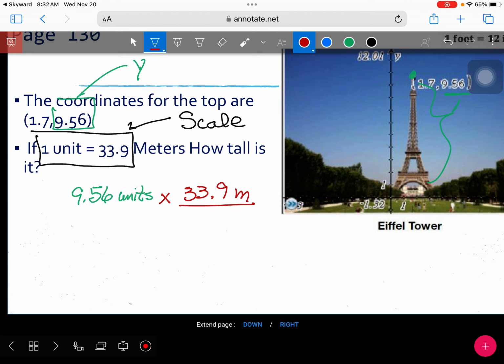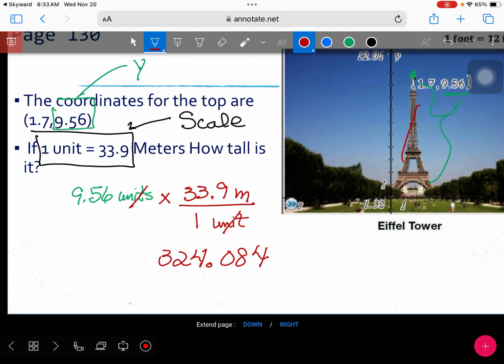And if you want to do it as the scale, you could put the 1 unit over here. Units cancel out, and when you multiply, you get 0.084. Let's round this to the hundredths place.